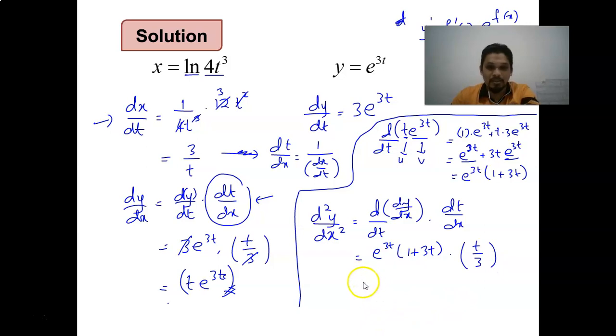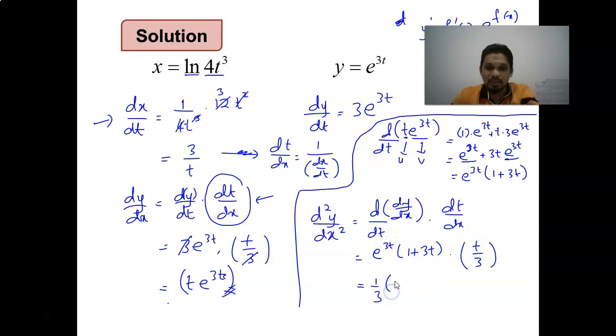Okay, can you guess what the next thing will be? There's nothing that we can cancel or divide between these three, and no term is a numerator here. So what can we do now? We just define this as 1 over 3 e to the power of 3t times 1 times t.